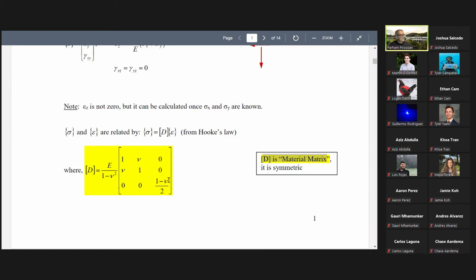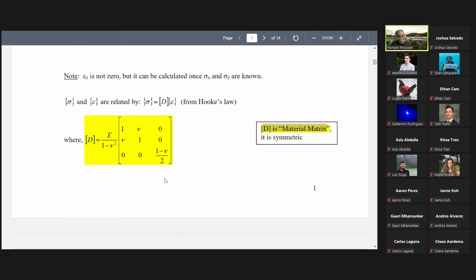This is a 3 by 3 matrix. This is E, and this is nu, and it is symmetric. As you see, this is the same as this. This is the same as this. So this is a symmetric matrix, very helpful in our computations to reduce the number of computations and memory usage. So this is plane stress.